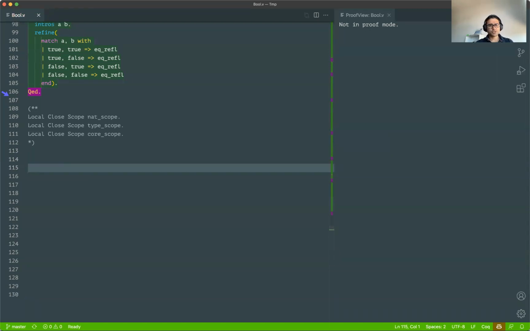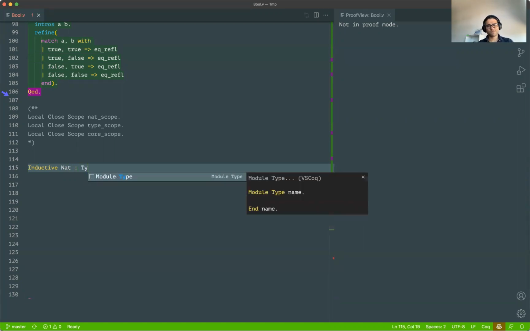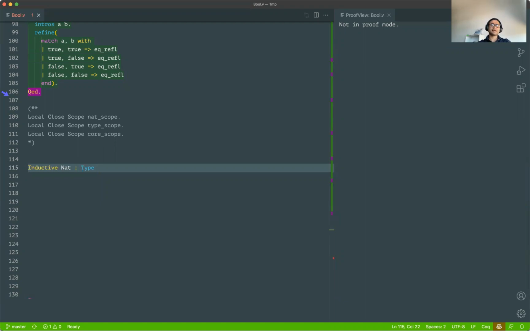From the previous lectures, we know how we encode a data type. The keyword is inductive. Then we give it a name. I'm writing nat as a short form for natural number. And I'm now saying that it's of type. So Coq is based on type theory, and everything has to have a type.